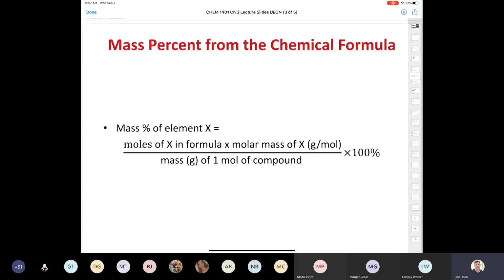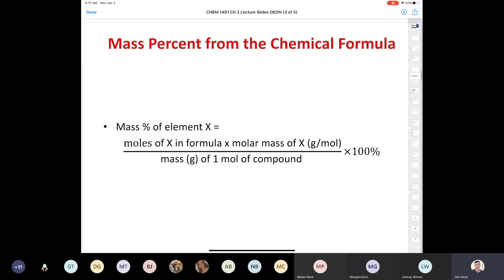Okay. The best way to do it is to take a look at an example. You know what? I think there's an even faster way to write this out. Let me give you Mr. Deon's abridged version.